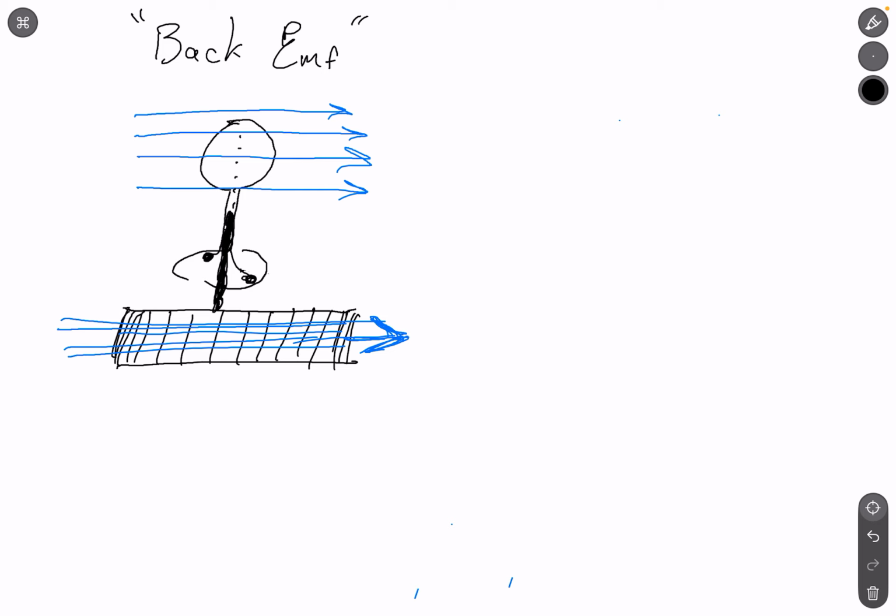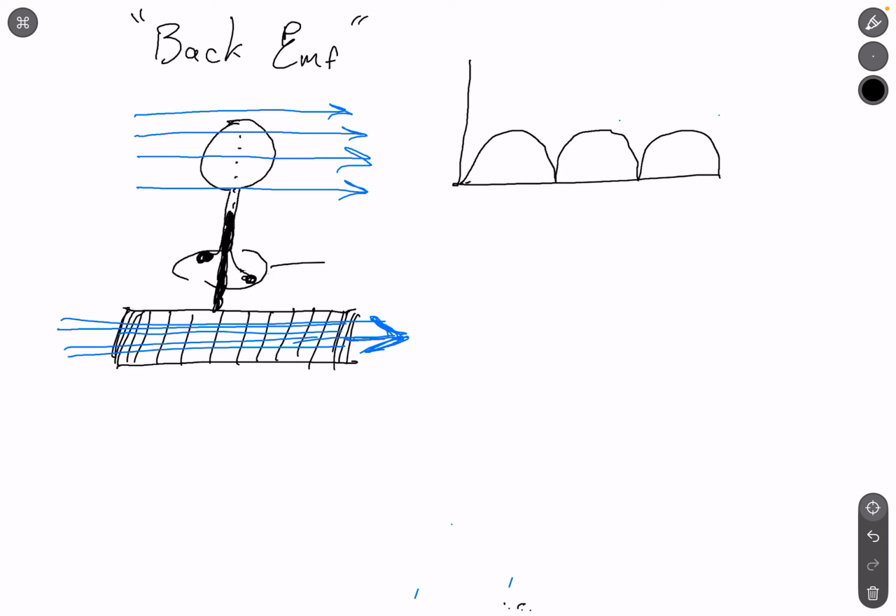This thing does circles, but we don't want the current to flow backwards. We want it to go forward every single time. So we hook it up to these brushes, to these things that are spinning along with the wood, and the current then only goes through one side. So basically our current looks like this. Our current goes positive, and then goes positive, and then goes positive again.